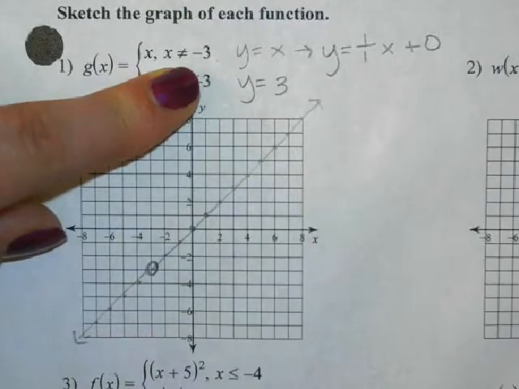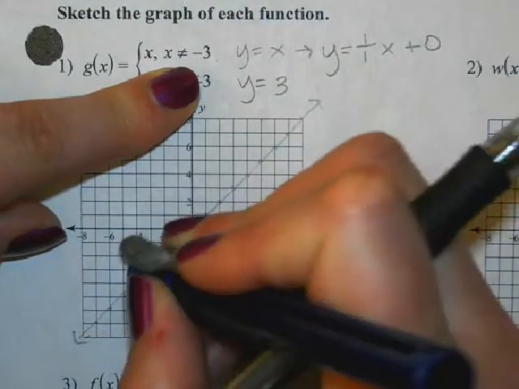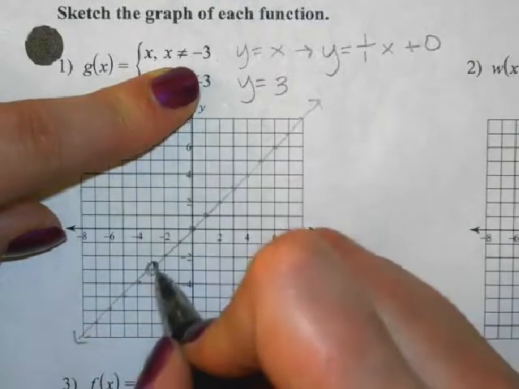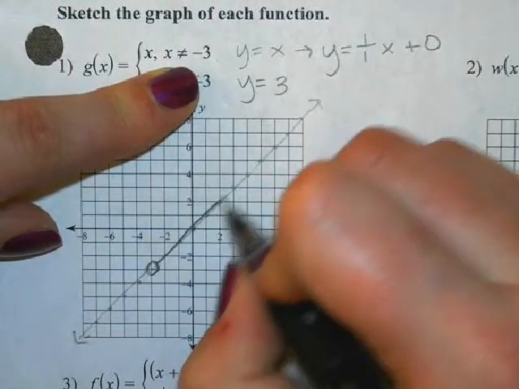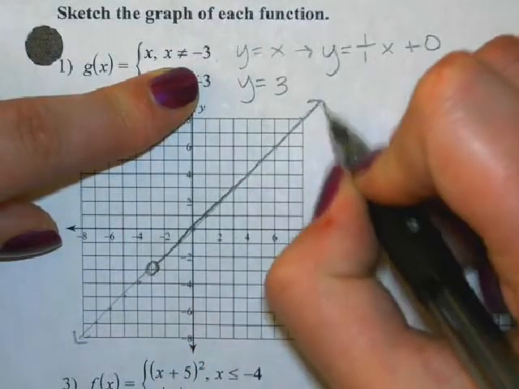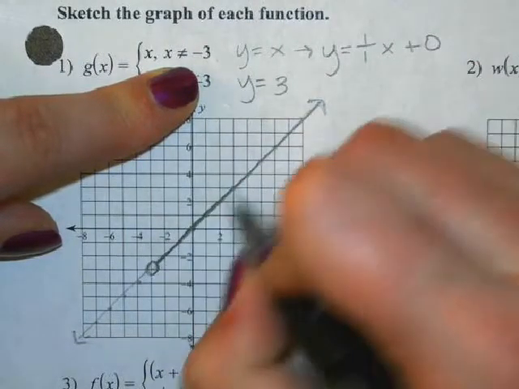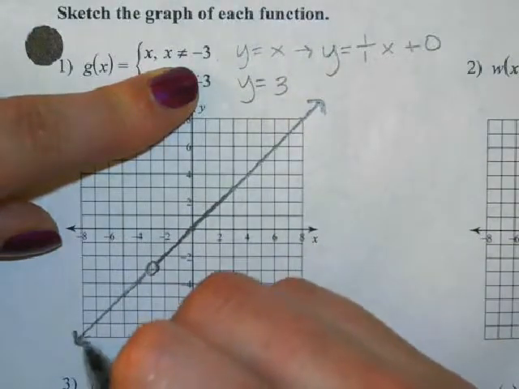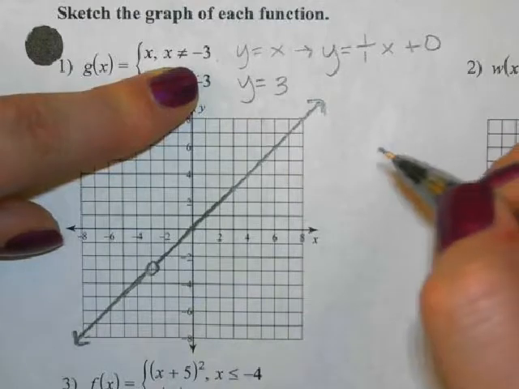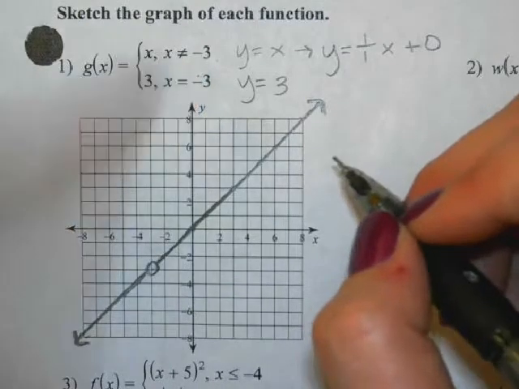And that value does not get included, so I'm going to erase that little part inside that open circle. And then the rest of the line gets used. So I'm going to make it dark. So when I draw a piecewise function, I lightly draw it first because I'm always going to erase a little bit of it.